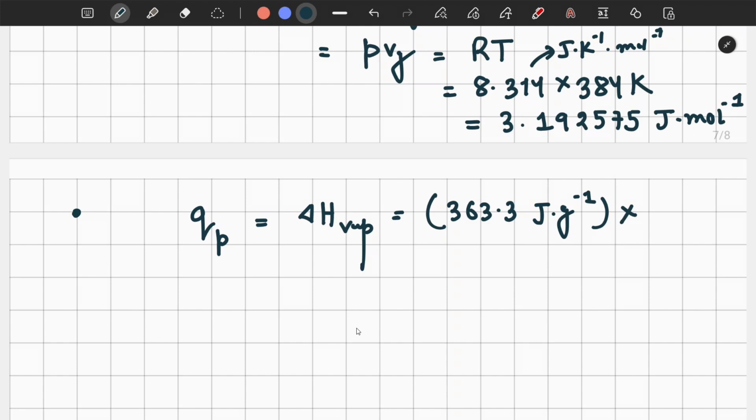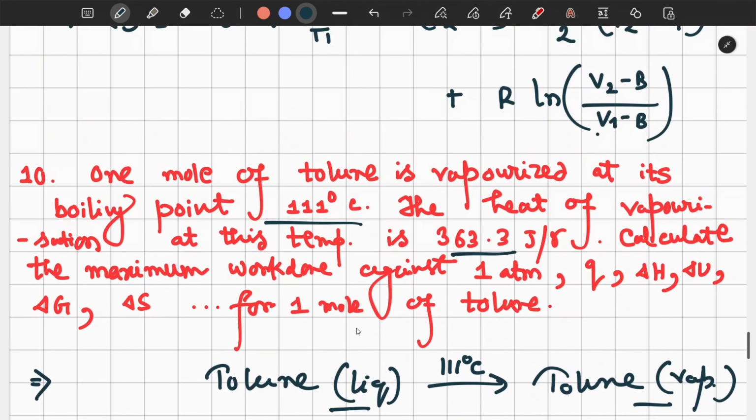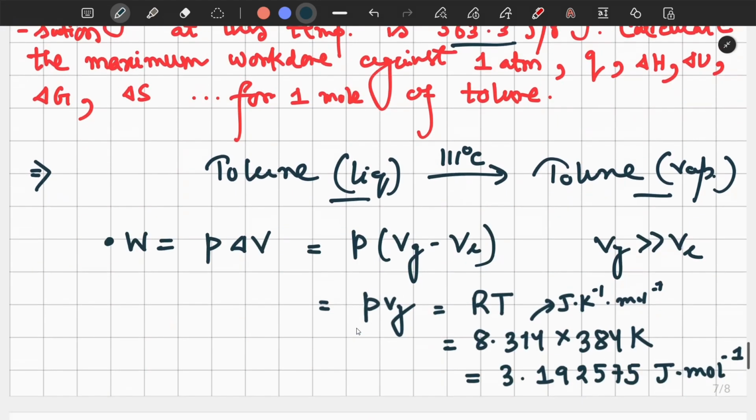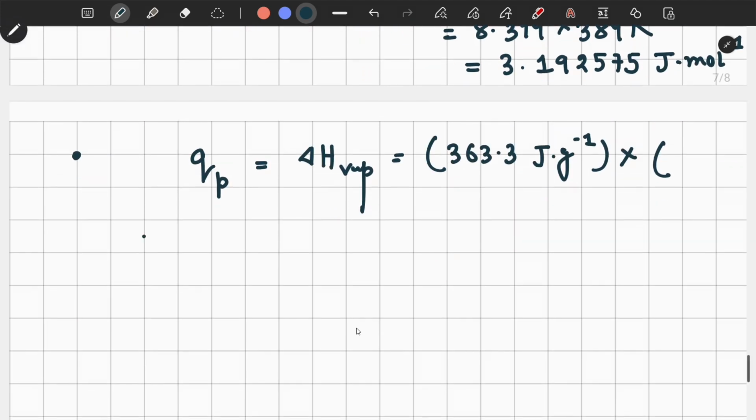That is important. How many grams are present? Because this is 1 mole, you can't write that answer directly. Del H and Qp are the same here, you are correct, but keep in mind it is given per gram in the question, and they have asked per mole. So what is the weight of 1 mole of toluene? Toluene is C6H5CH3. What is the molar weight?